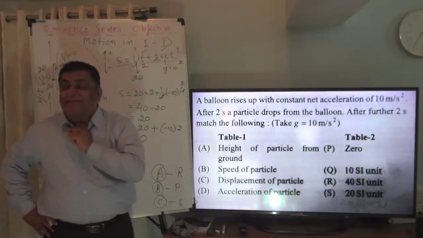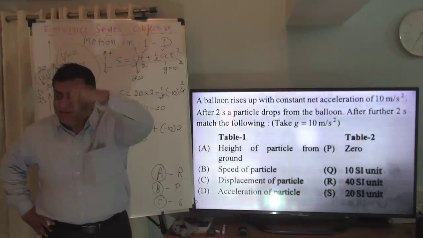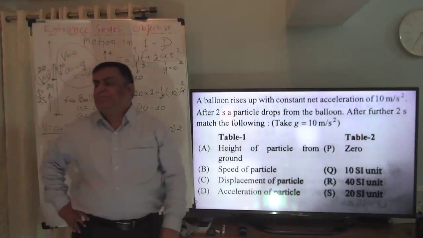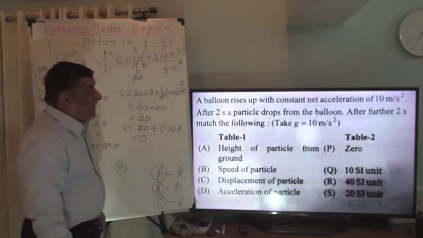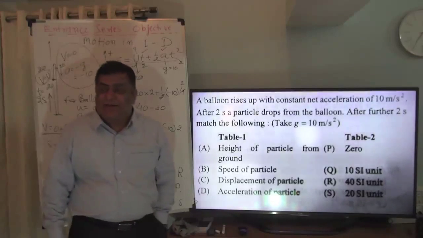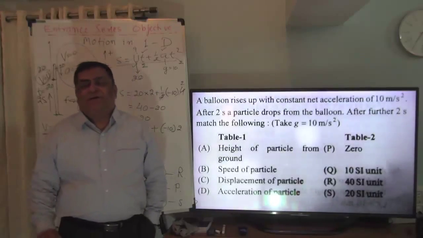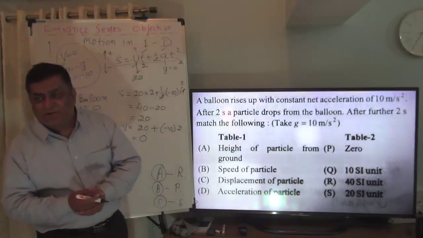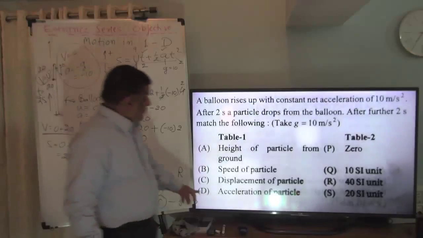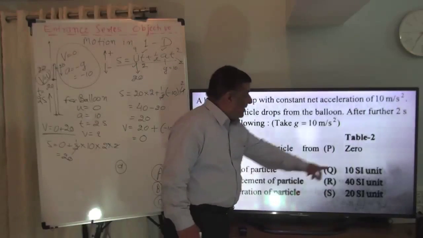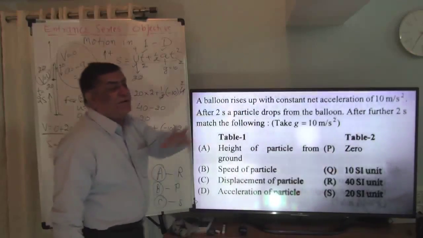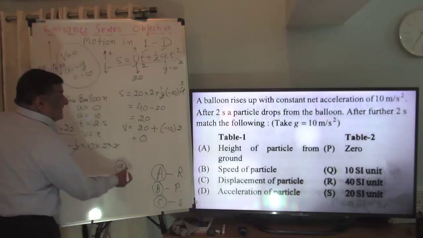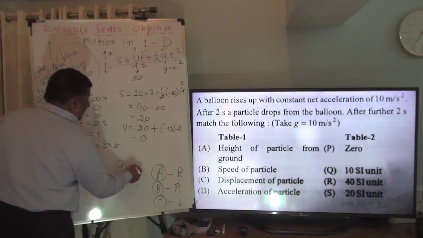And how much is that acceleration? That acceleration is 10 downward. Don't mind the direction, minus or plus, how much is the acceleration? That is equal to g, and that is equal to 10. So our answer for acceleration of the particle is 10 units, because only g is acting on it. So D matches with Q.